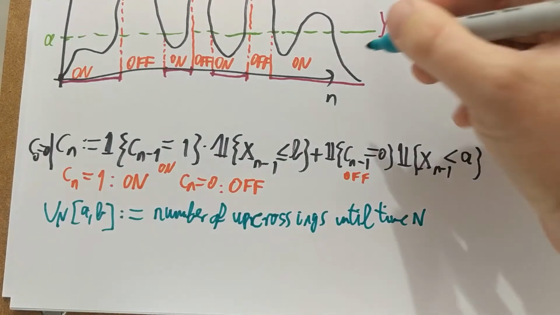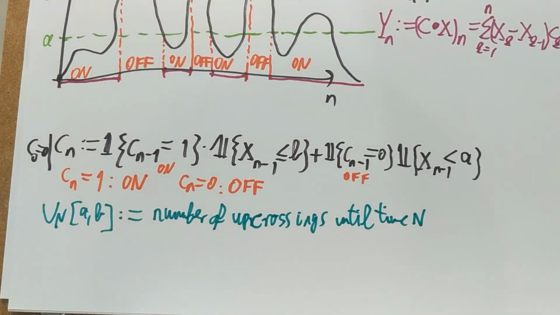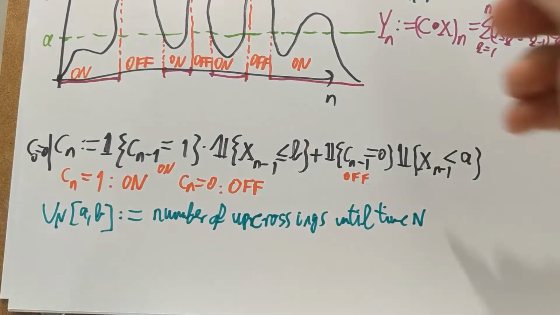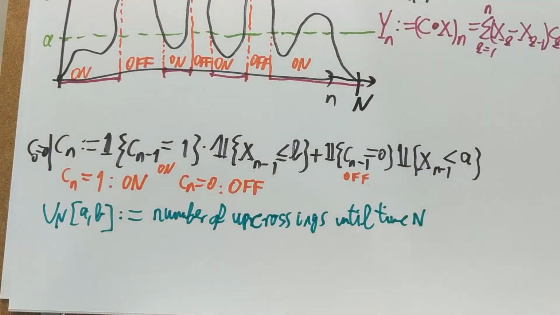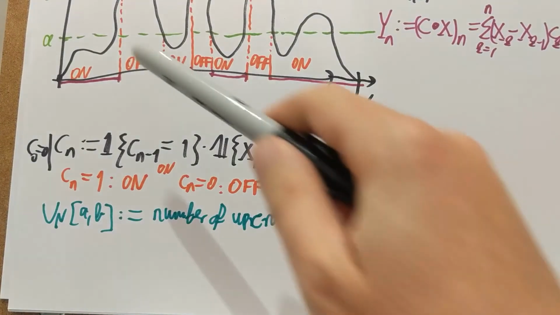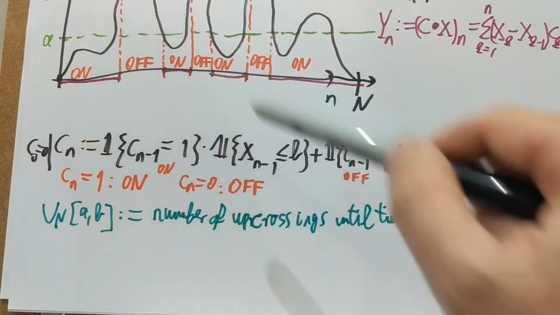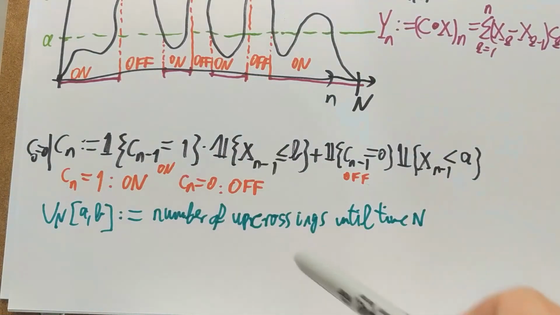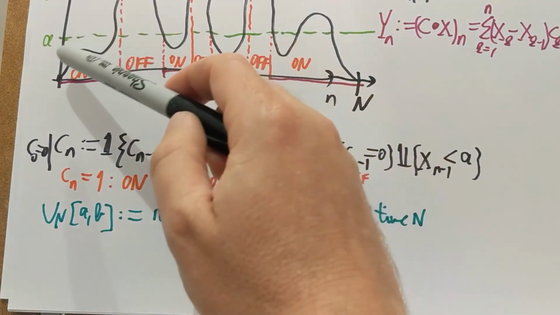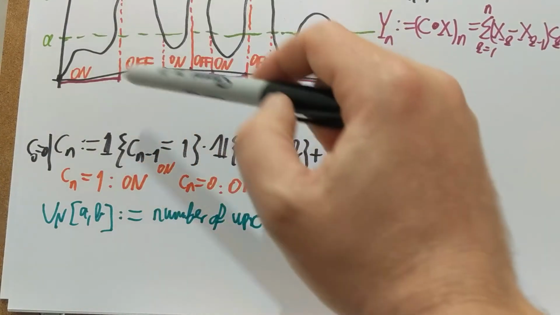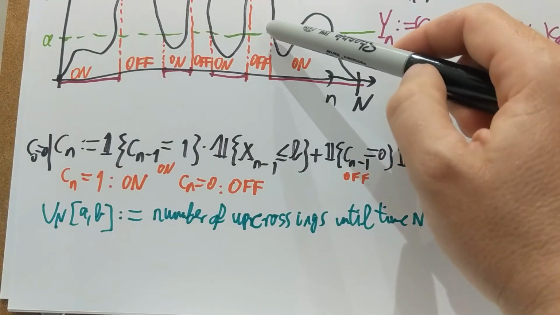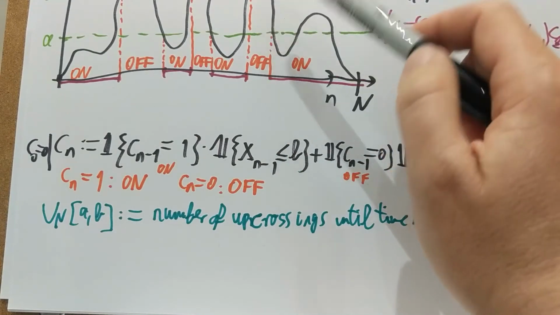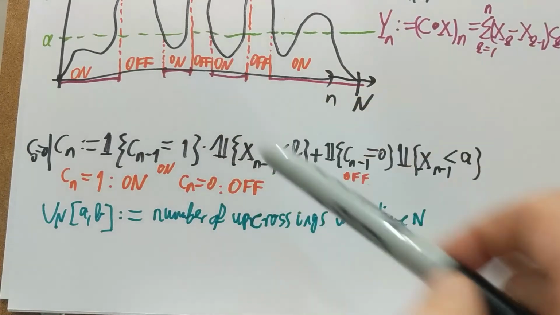For example, if this is my time n, I didn't draw my graph long enough, so let me just extend the axis. Maybe this is time n. Then the number of upcrossings will count how many times I went from below A to above B. I'm going to formalize this in a second, but in this picture it's going to be 1 here, 1 there, 1 there, and the last one I don't count, so I think it's going to be 3 in this picture.